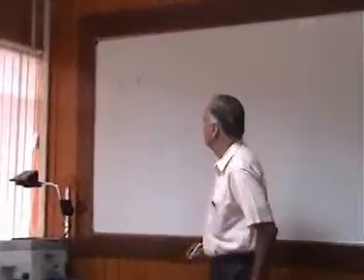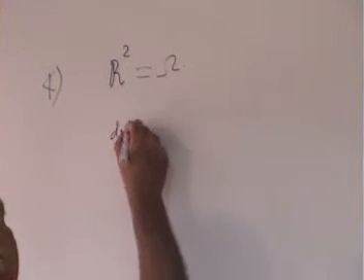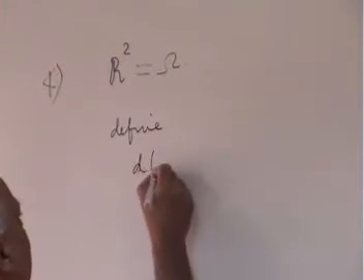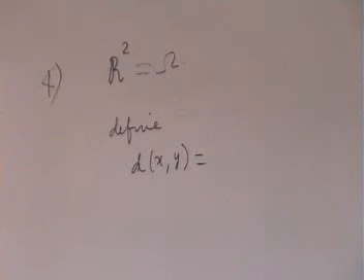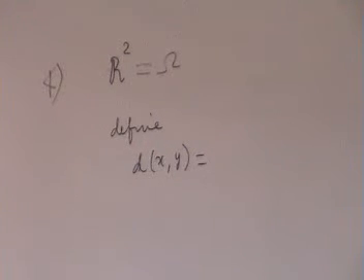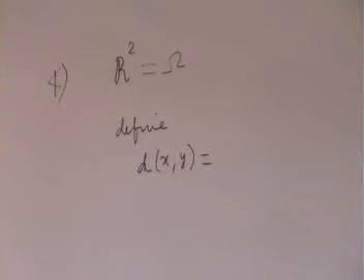Define the distance between 2 points. Now what did we do here? We looked at the distance parallel to the x-axis and the distance perpendicular to the x-axis. Now what we do is look at the maximum of these two. Either project along this line and see the distance, or project along that line and see the distance. Whichever is maximum you take.